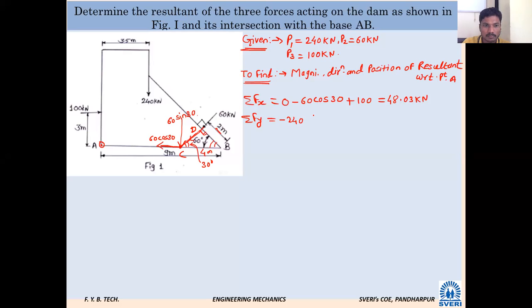Next, 60 sin 30, minus 60 sin 30. The other force contributes 0. So calculate minus 240 minus 60 sin 30. The answer is minus 270. Then R is equal to 274.23.